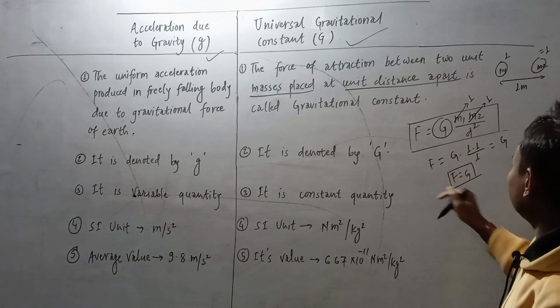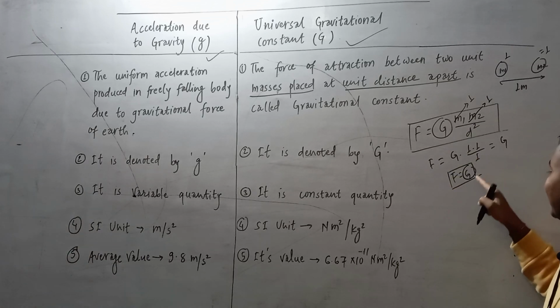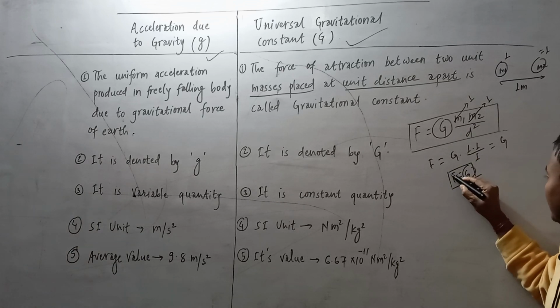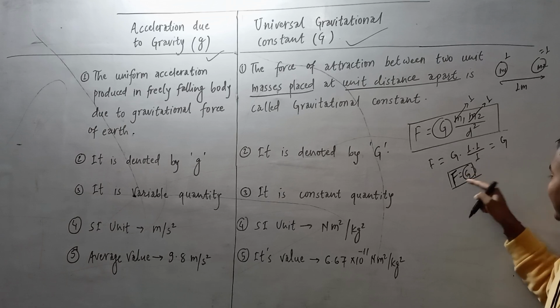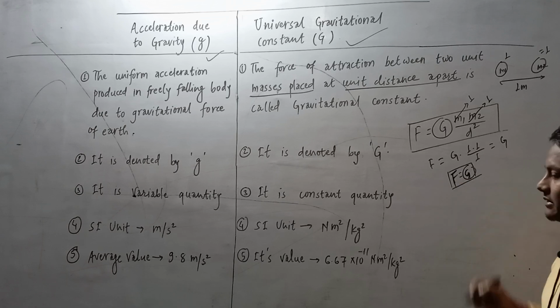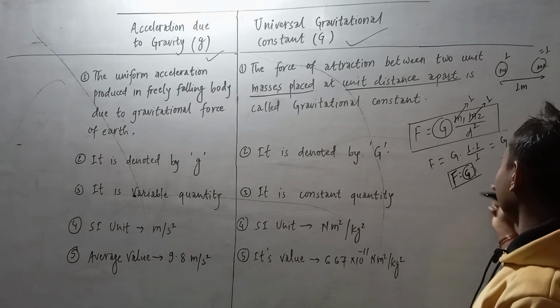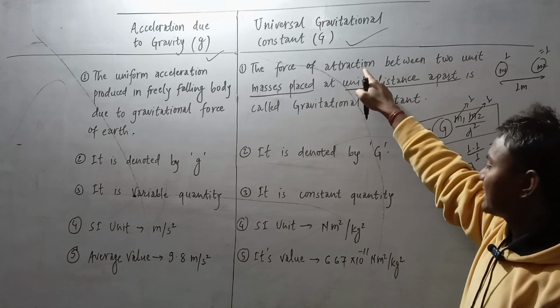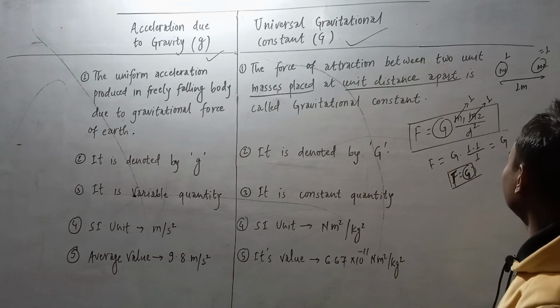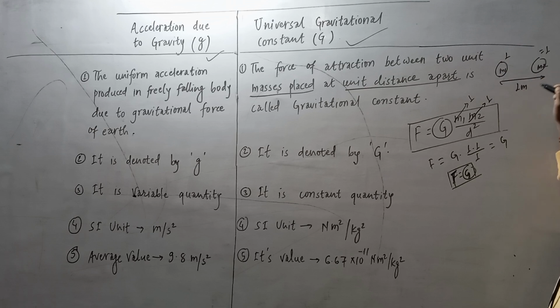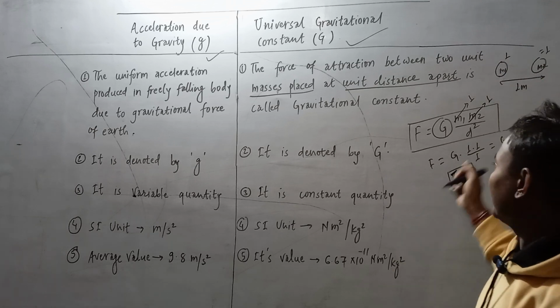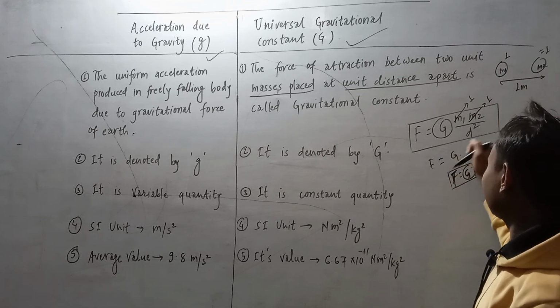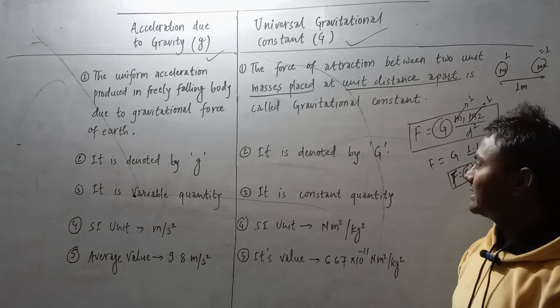When we put m1 and m2 and the distance equal to 1 unit, the force of attraction is called the universal gravitational constant.